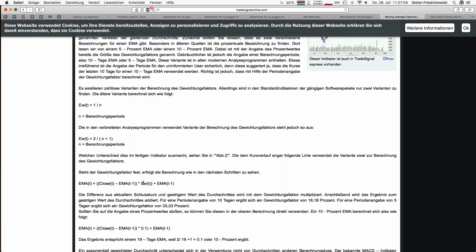And that factor we use here, this EW as a function of t, is a constant factor. It's 2 divided by n plus 1, and n is exactly the EMA period.